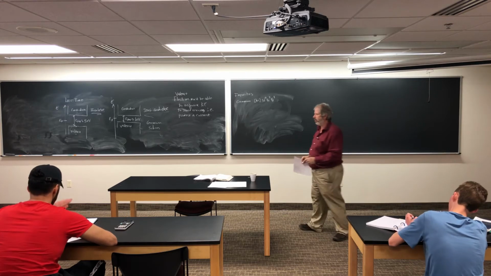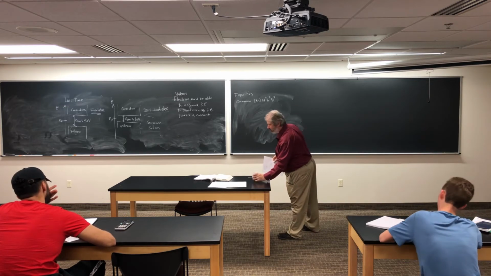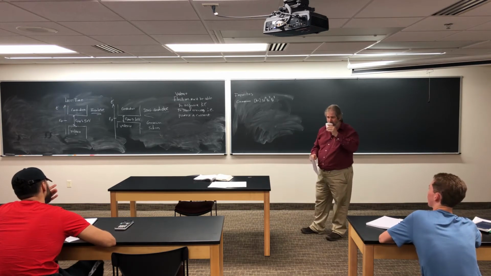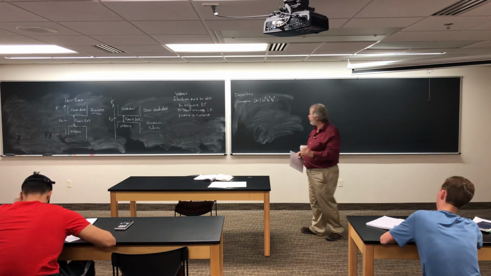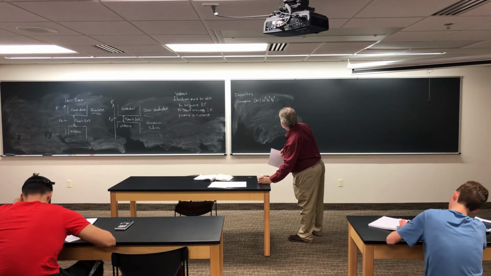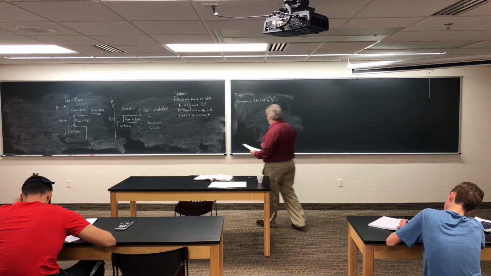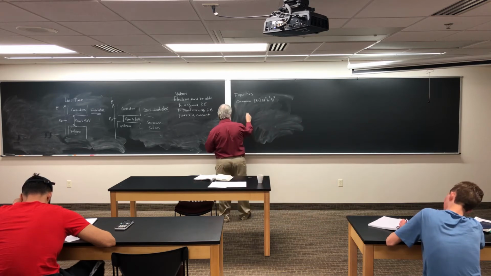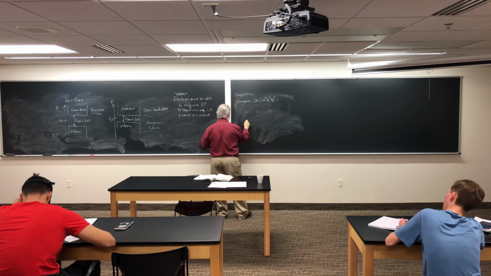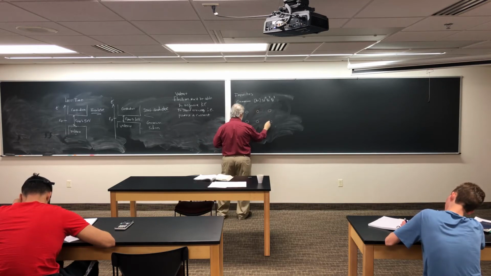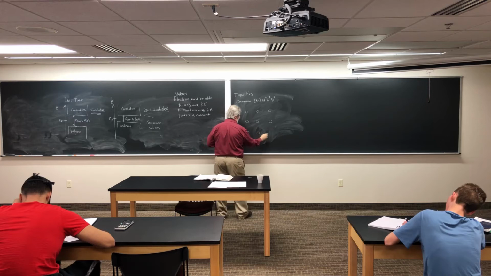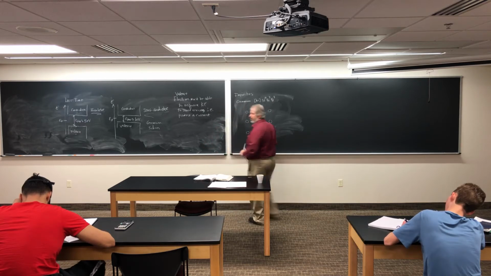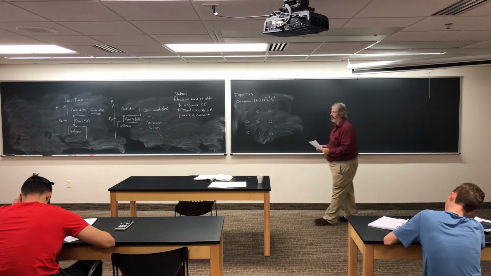You can have 6 in there. So it forms covalent bonds with other germanium atoms. This is my representation of a bunch of germanium atoms in a nice regular array.